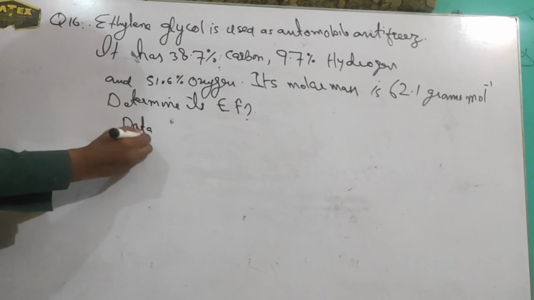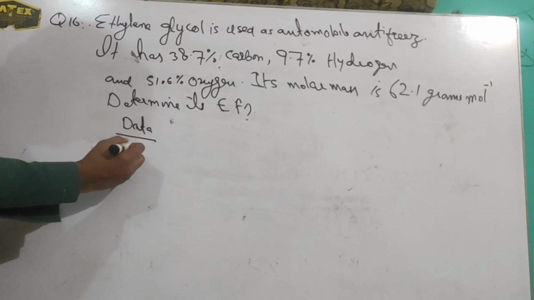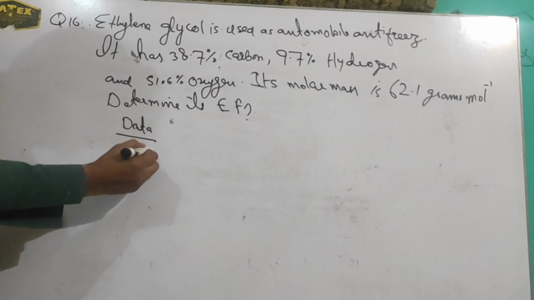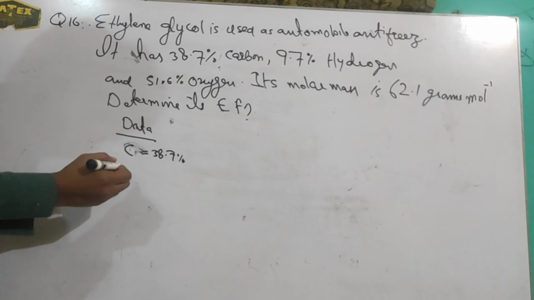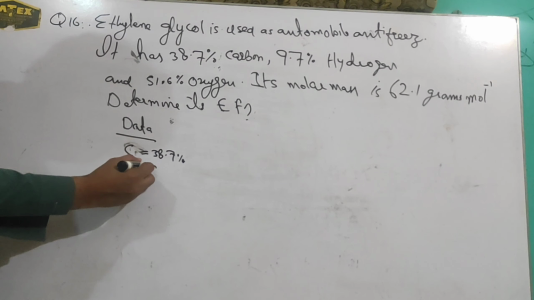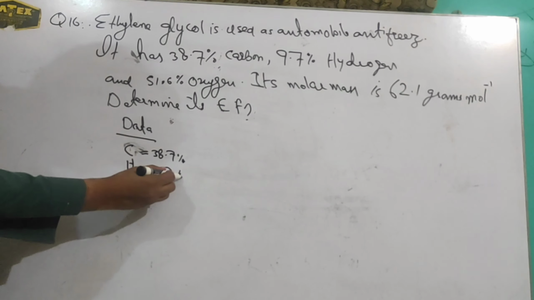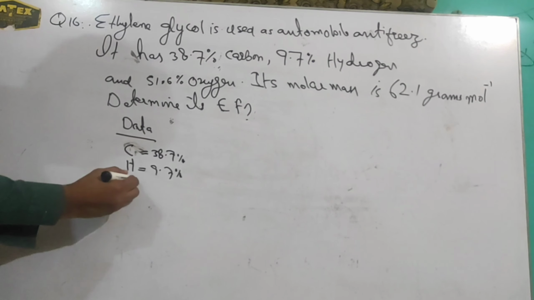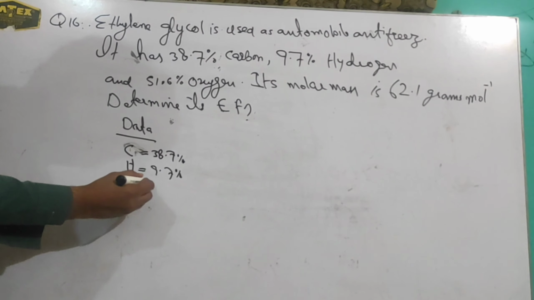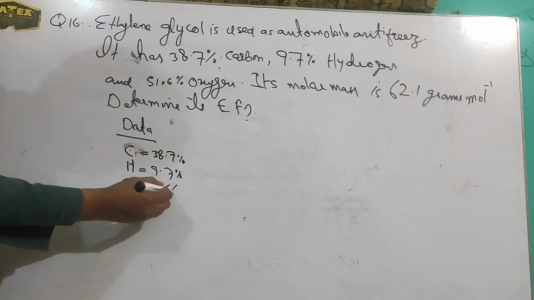In data, carbon is 38.7% and hydrogen is 9.7% and oxygen is 51.6%.